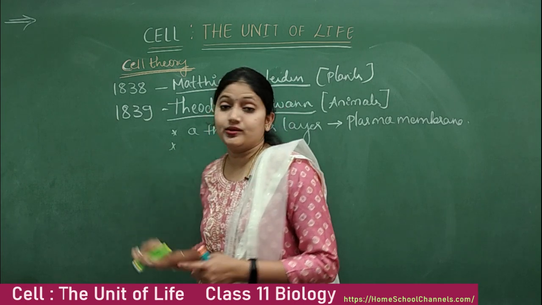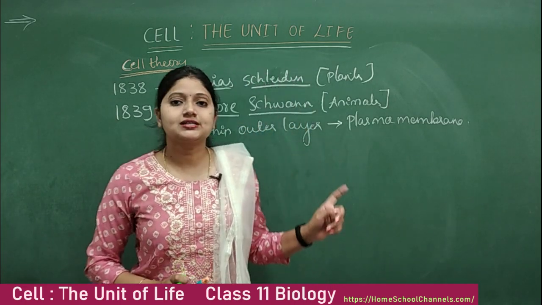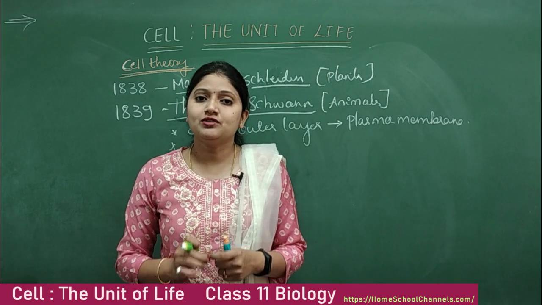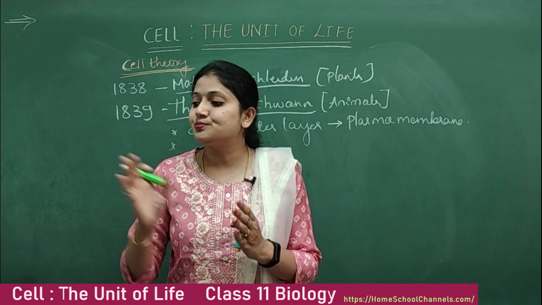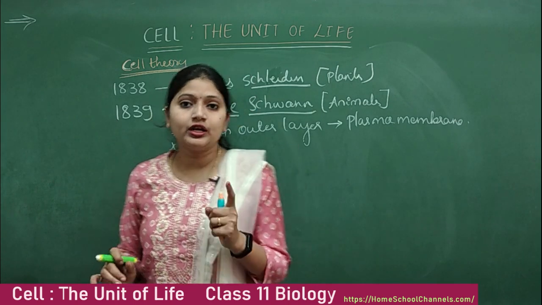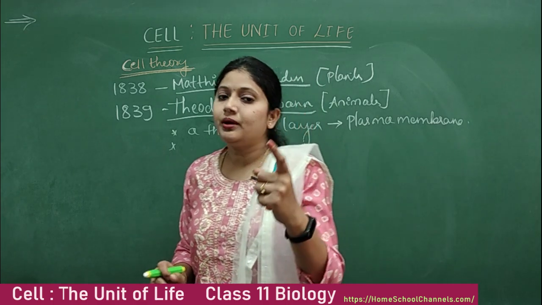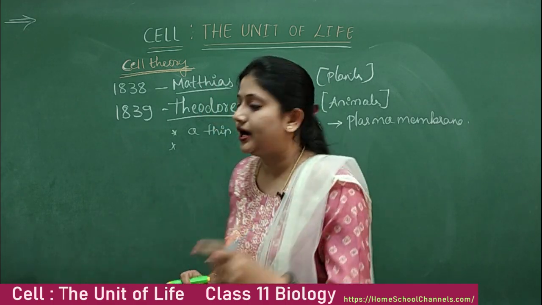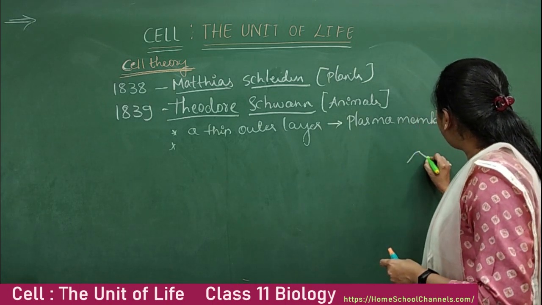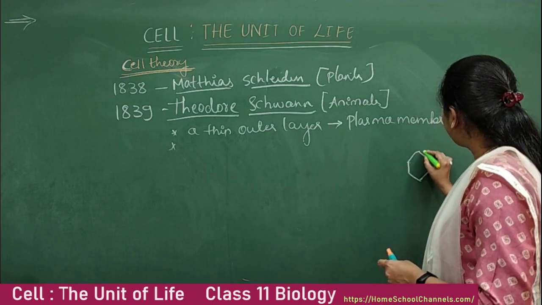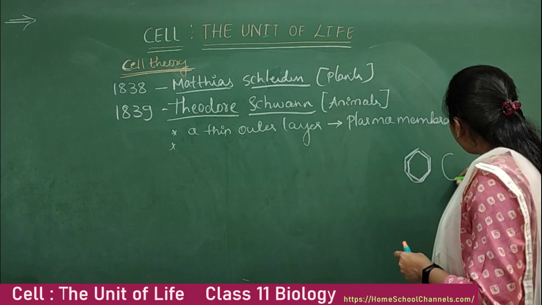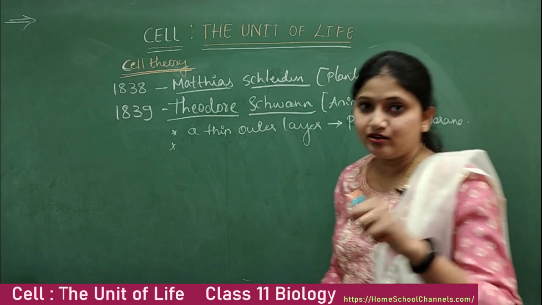And then the second one: as I said, Schwann studied both plants as well as animals, so he was able to differentiate between the plants and the animals. Hence, he also concluded one more point. If you remember the morphology and anatomy parts, a plant cell has a cell wall around it, whereas an animal cell doesn't have a cell wall.